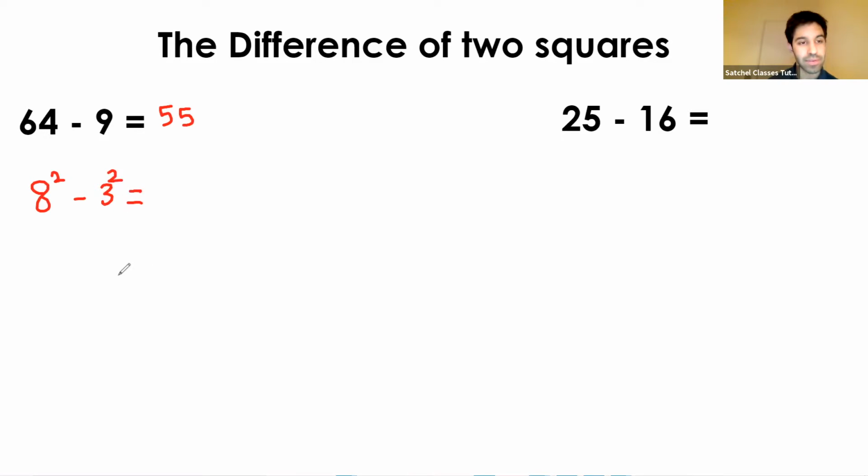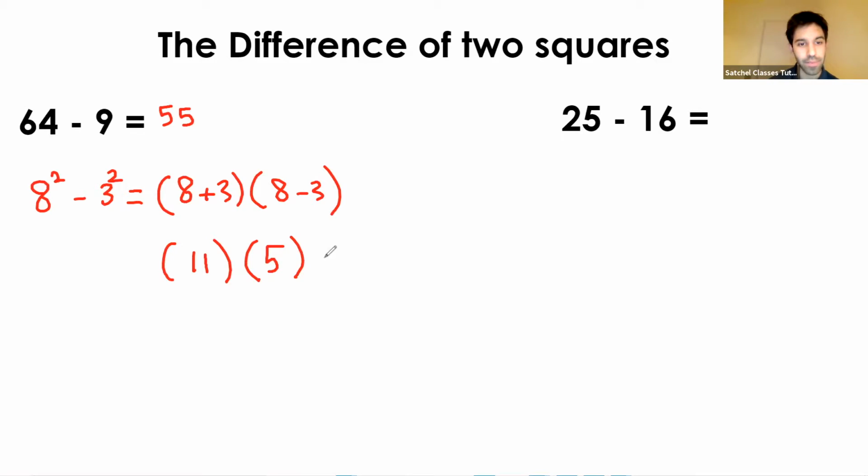And this can be rewritten as 8 plus 3 multiplied by 8 minus 3. Would this work? So let's think about this. 8 plus 3 is 11, and 8 minus 3 is 5. 11 times 5 is 55. So that gives us the answer here.